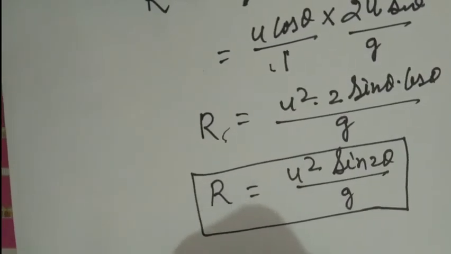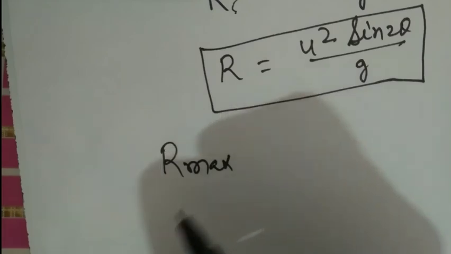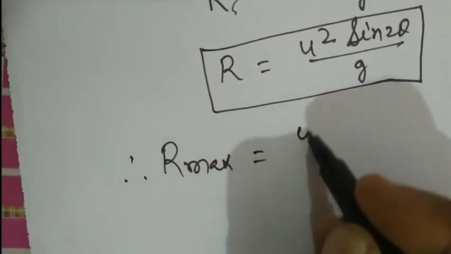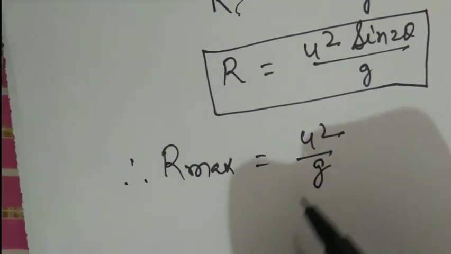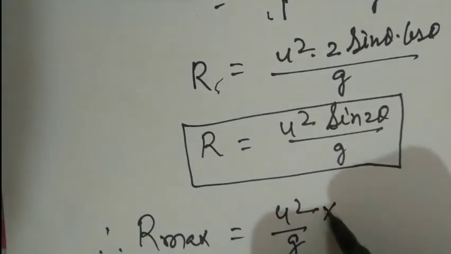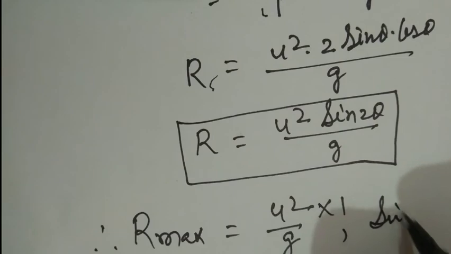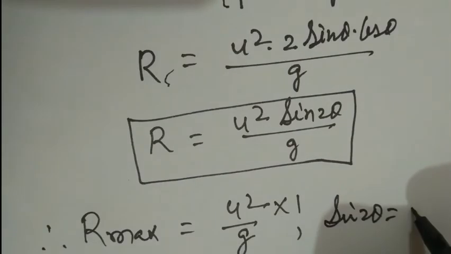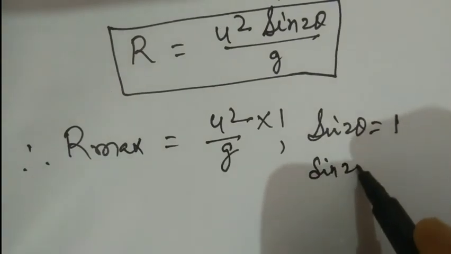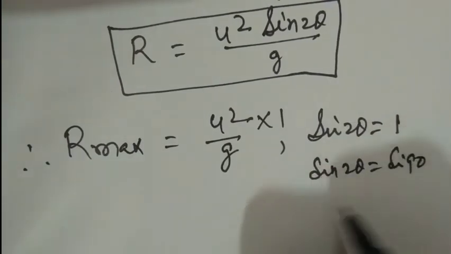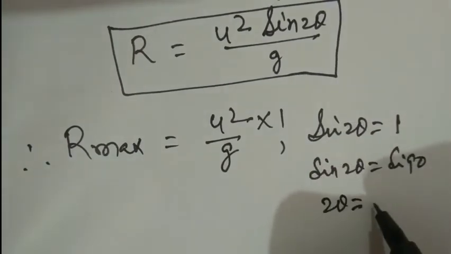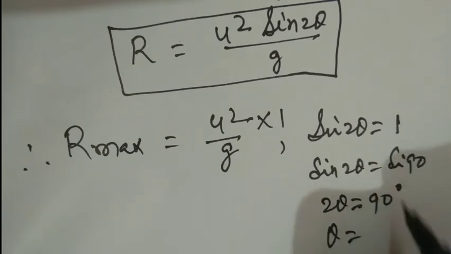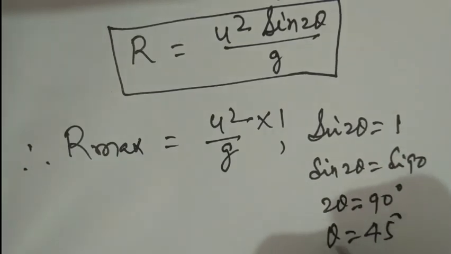So R max is equal to u square by g, when sine 2 theta is equal to 1. That means sine 2 theta is equal to sine 90 degrees, so 2 theta is equal to 90 and theta is equal to 45 degrees.